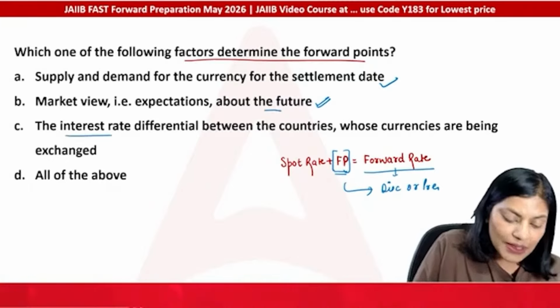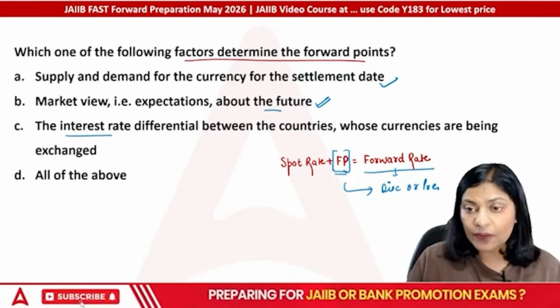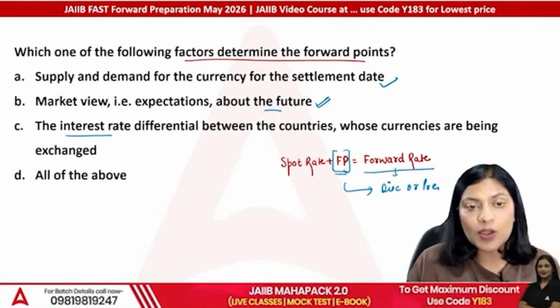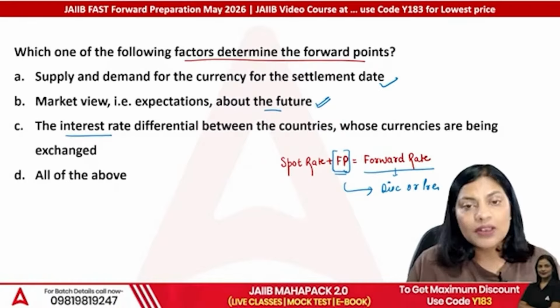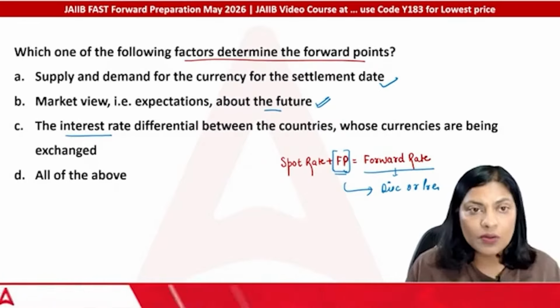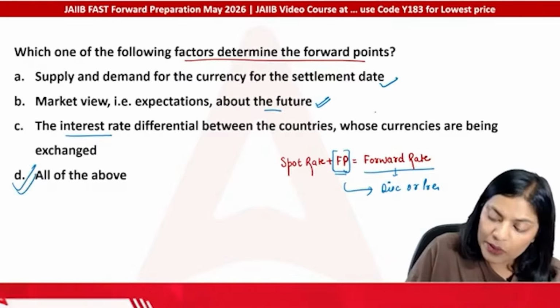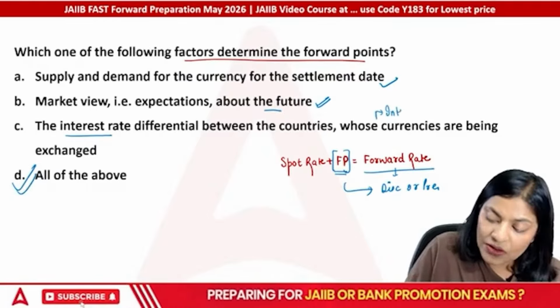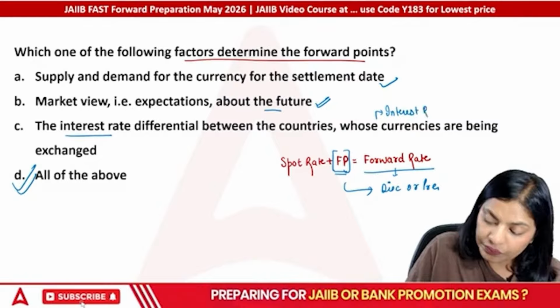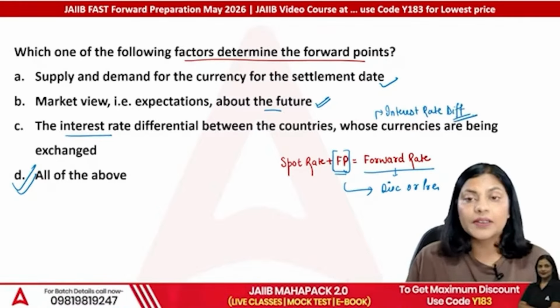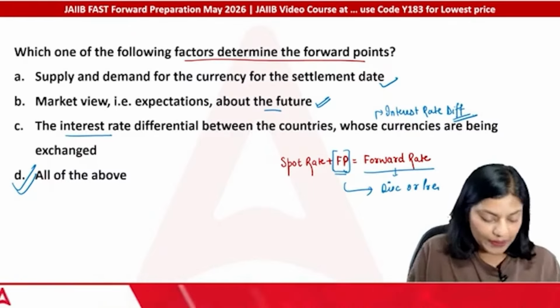Then the interest rate differential, the difference between the developed economy and the developing economy, also influences our forward points, right? So the answer would be all of the above. If you remember, there is also the concept of interest rate differential that tells us how this is impacted.